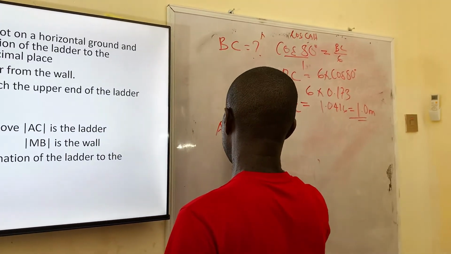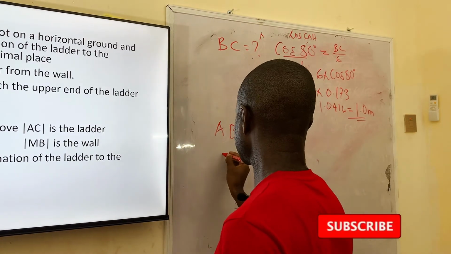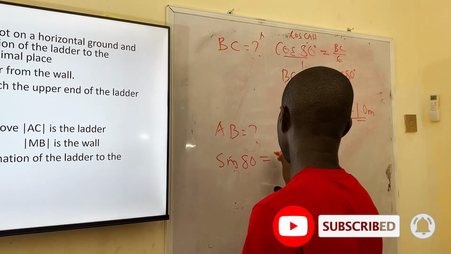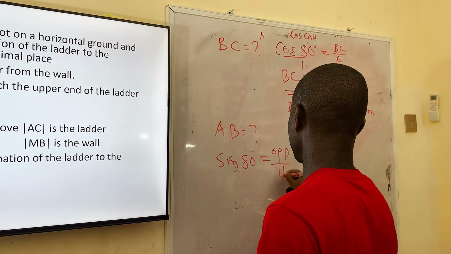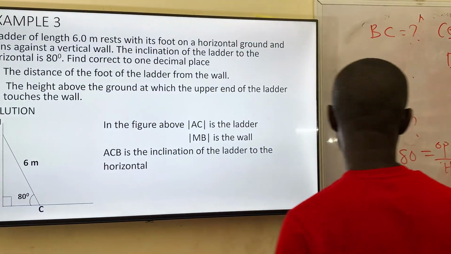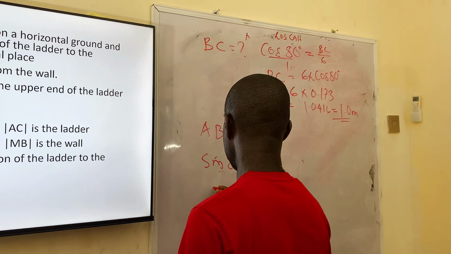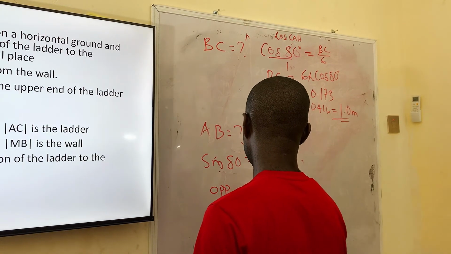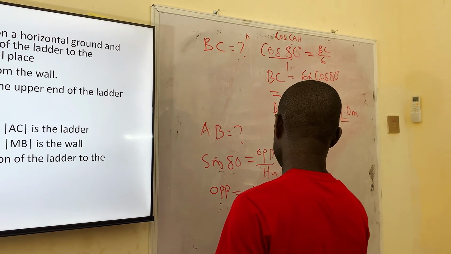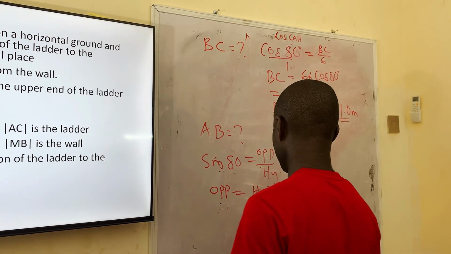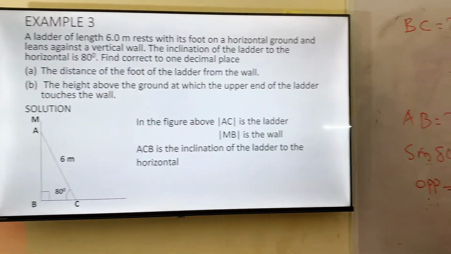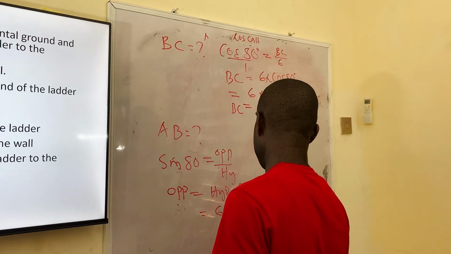side AB can be calculated as sine of angle, the angle there is 80, equals opposite over hypotenuse. What's the opposite side here? The opposite of this angle is what we are looking for. So meaning opposites cross multiply. Opposite will give us hypotenuse times sine 80 degrees. So the hypotenuse has been given to us as 6 times sine 80 degrees.